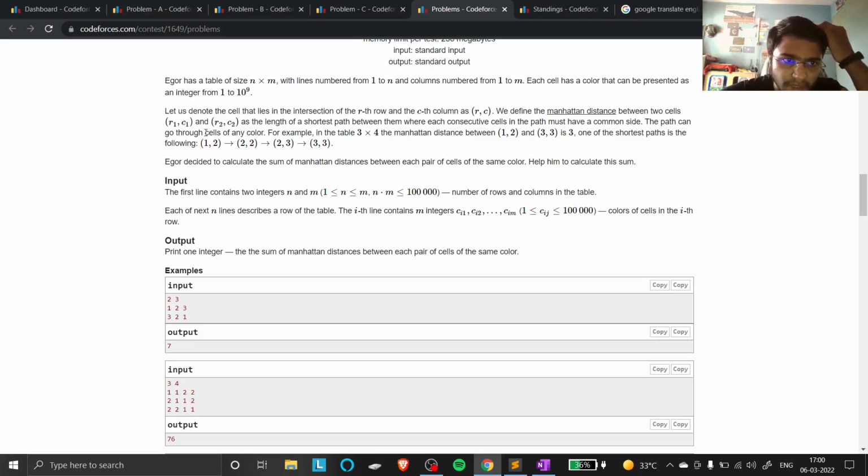The path can go through cells of any color. For example, in the table, the Manhattan distance between these is 3. One of the shortest paths is 1 to 2, 2 to 3, 3 to 3. Eager decides to calculate the sum of Manhattan distance between each pair of cells of the same color. Help him to find the sum.